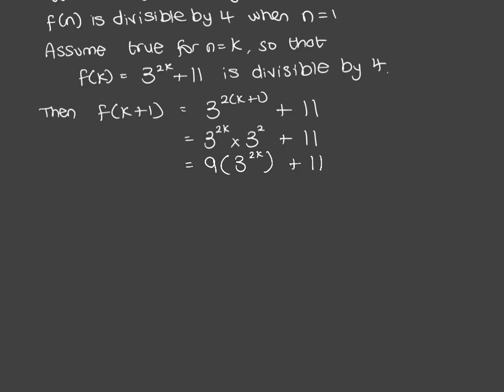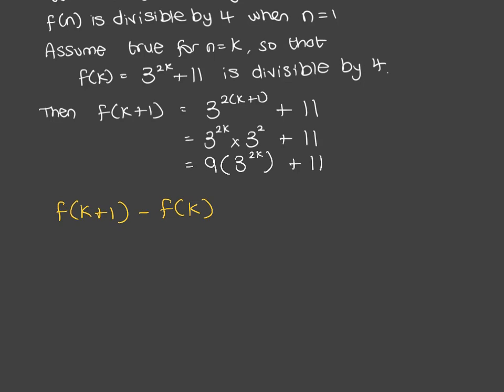So what I'm now going to look at, and this is where it's a little bit different for these ones, is what would happen if I did f of k plus 1 minus f of k? If these are both multiples of 4, the difference between them will be a multiple of 4.